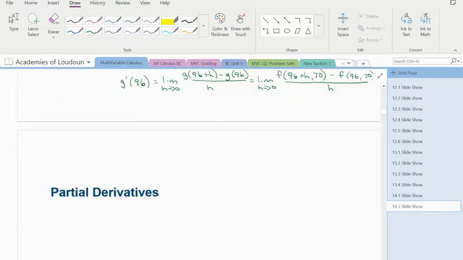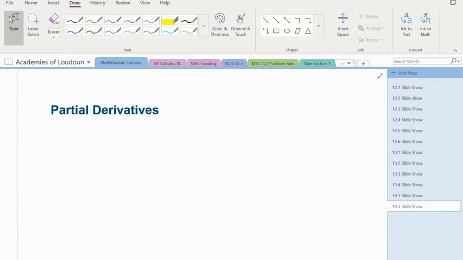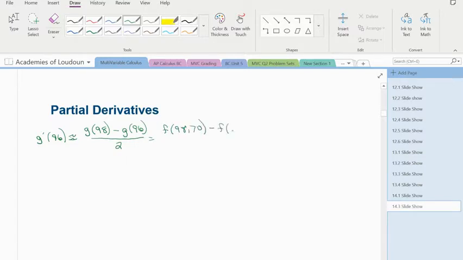If we approximate these values, we have that G prime of 96 is approximately equal to G of 98 minus G of 96 over 2, which is then going to be F of 98, 70 minus F of 96, 70, over 2.